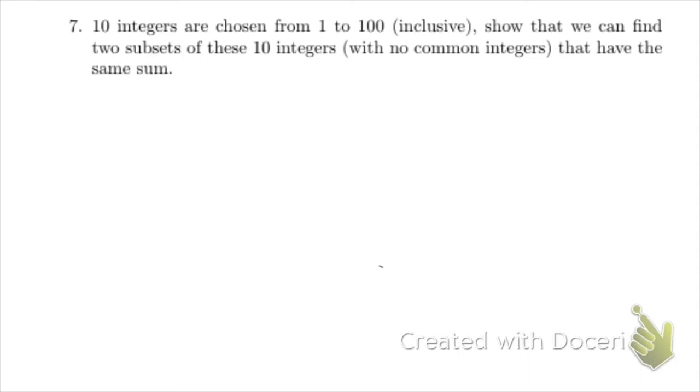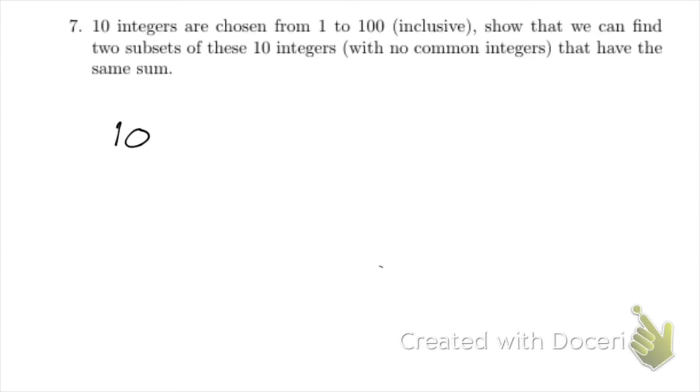Okay, so what we're going to do in order to solve this is to consider an easier problem. What if they could have common integers? Okay, so let's suppose that they can have common integers in the subsets. Well, how many possible subsets are there going to be? Well, if we have 10 integers, in every possible subset that we could pick, we could either pick each integer or we couldn't.